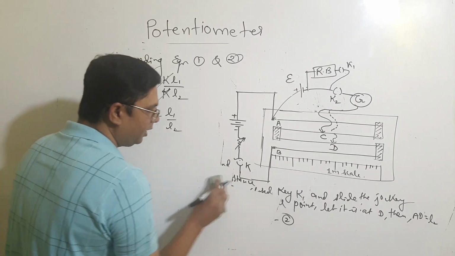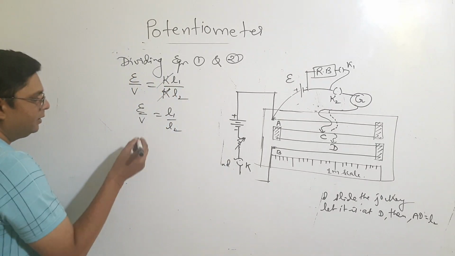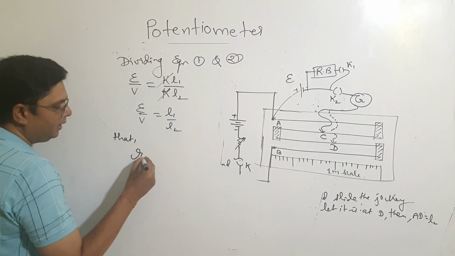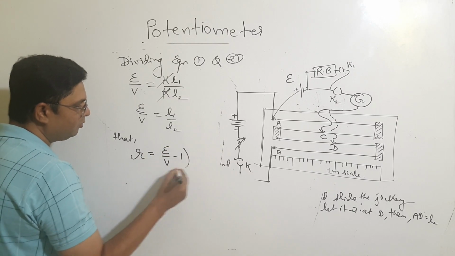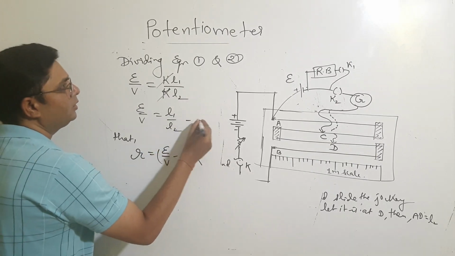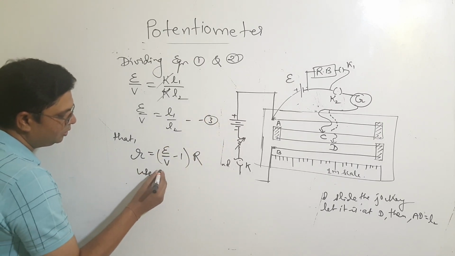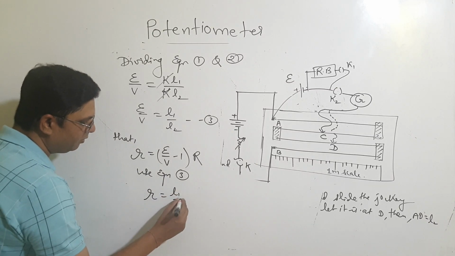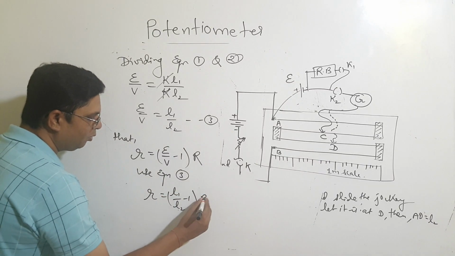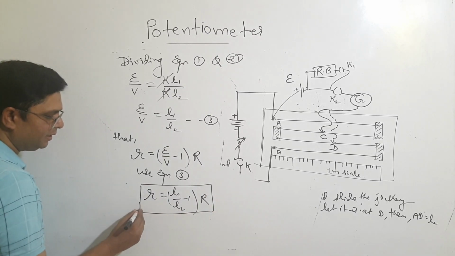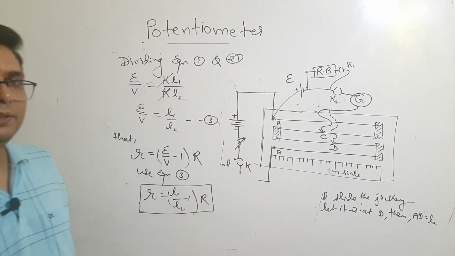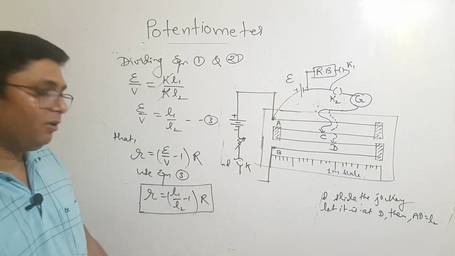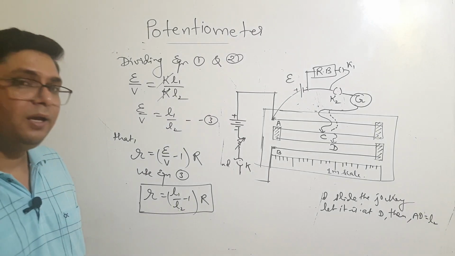You have learned in my previous video that internal resistance r equals (E upon V minus 1) into R. This is equation number 3. Use equation 3. So you get r equals (L1 divided by L2 minus 1) into R. Capital R is the external resistance, and L1 and L2 are the balancing lengths for EMF and for potential. Thus, putting the values of L1 and L2, you will get the value of internal resistance.